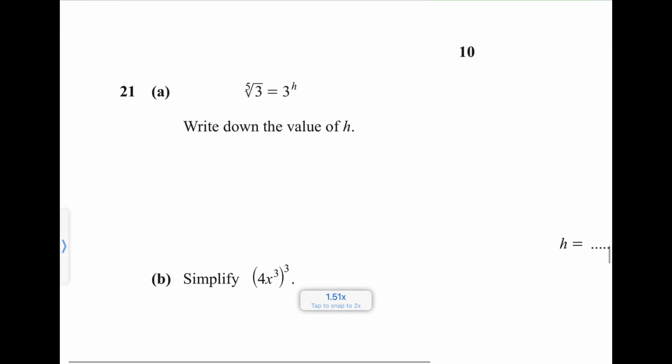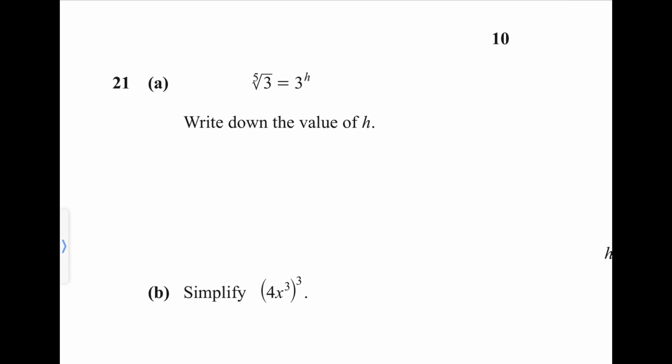Then it says write down the value of h. Now remember that any number when you raise it to a fraction, 3 to the power 1 by 5 can also be written as the fifth root of 3.